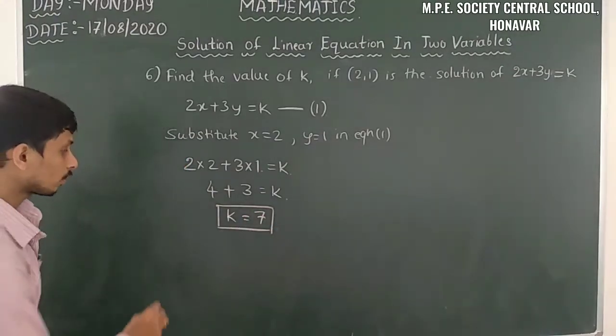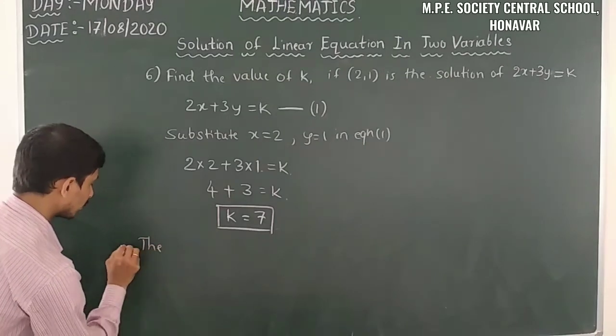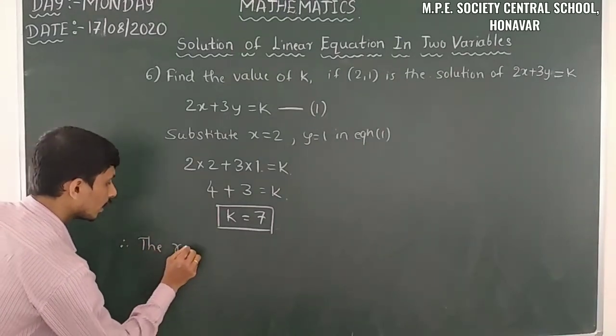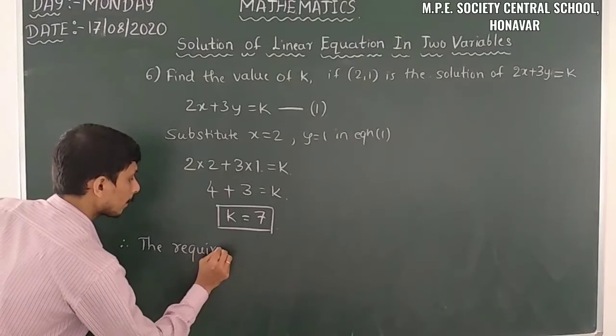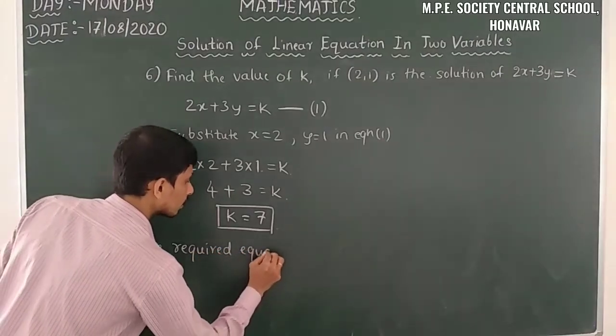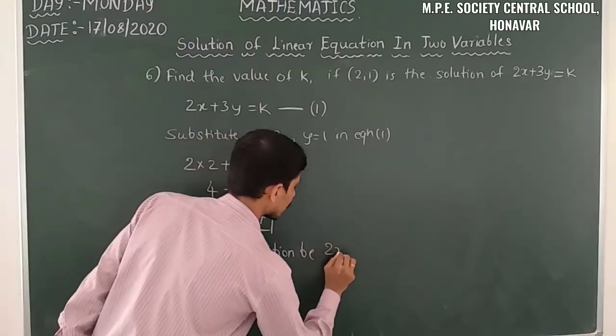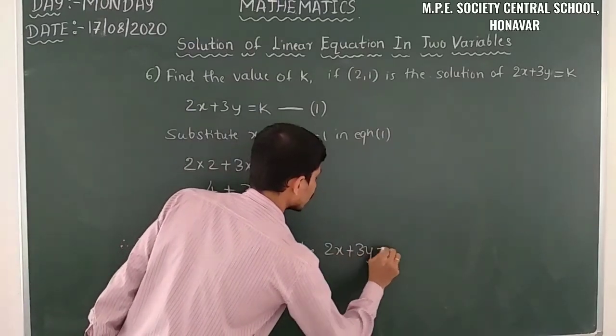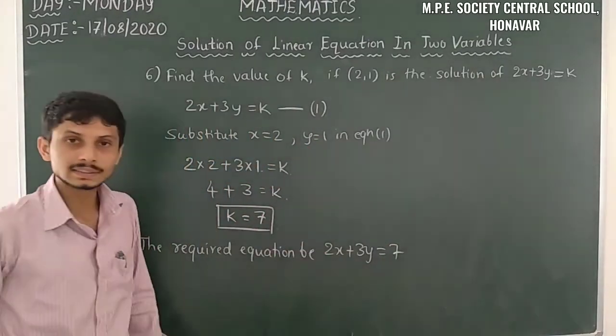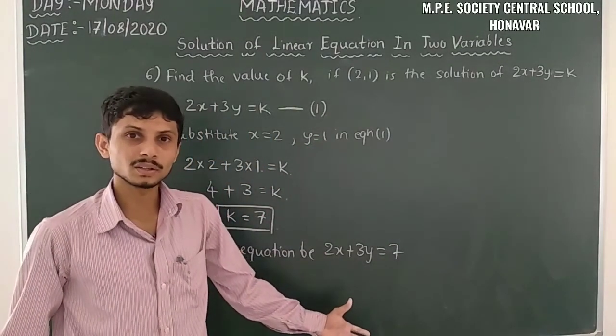Therefore, the required equation is 2x plus 3y is equal to 7. So we got the value of k here.